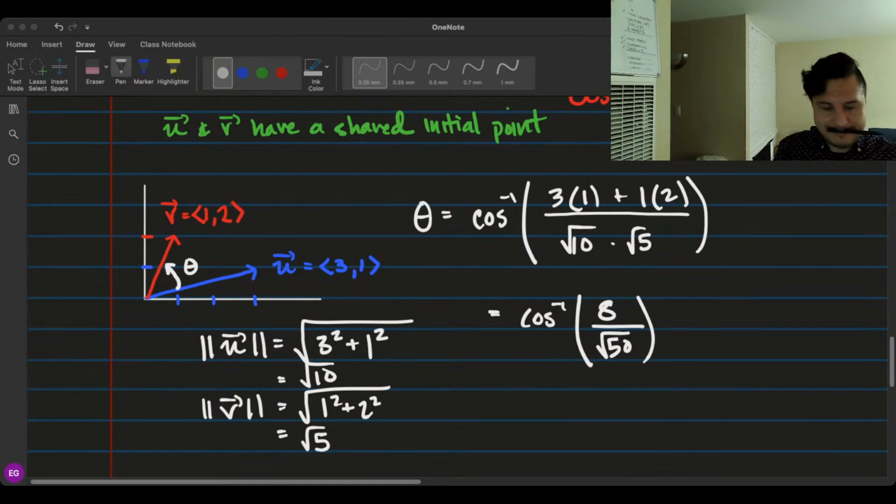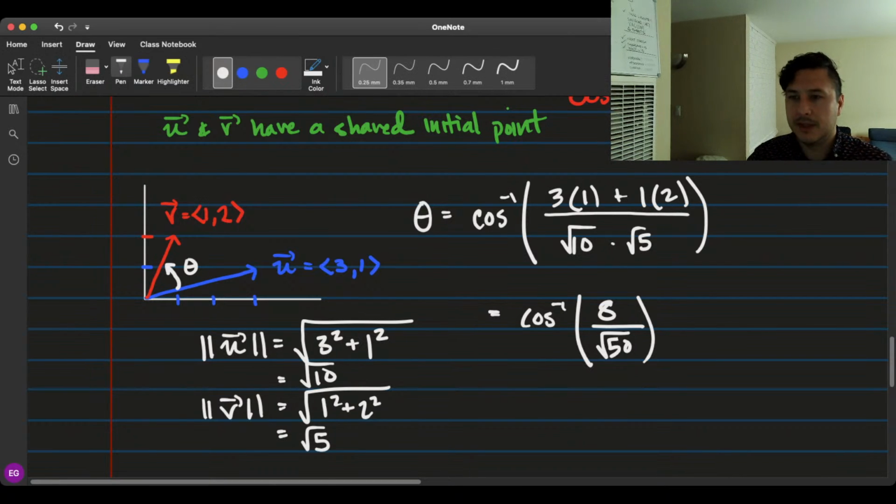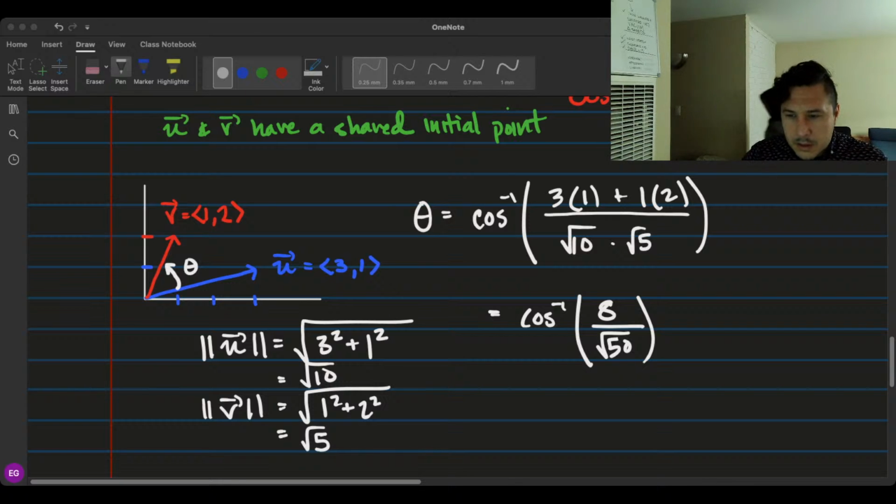The arc cosine of 8 over the square root of 50 is... okay, my calculator's acting weird. What the hell? Okay, one second.